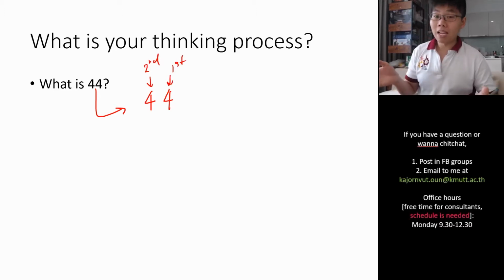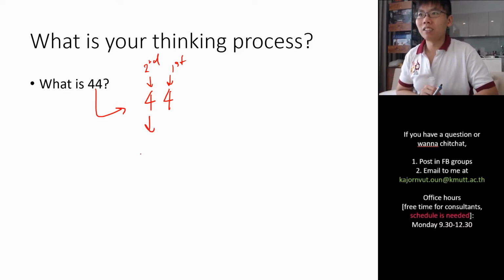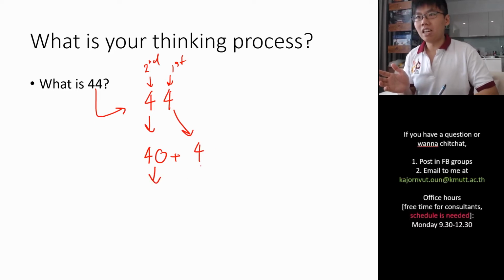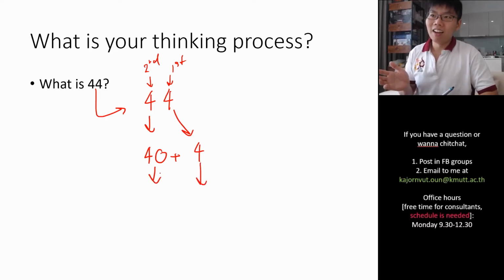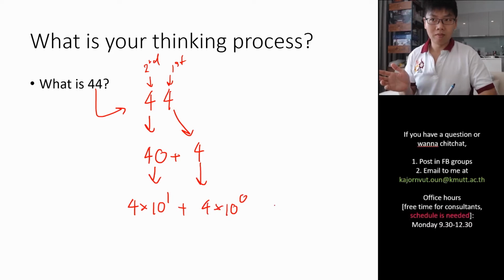With a lot of mathematics assignments you did as a kid, it simply translates the second digit to be 40 plus this one, which is 4. And moreover, with a lot of mathematics assignments as well, when you were in junior high school, this is simply 4 multiplied by 10 to the power of 1 plus 4 multiplied by 10 to the power of 0. And then in the end, it equals 44.